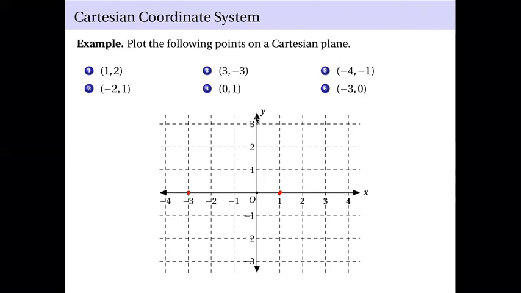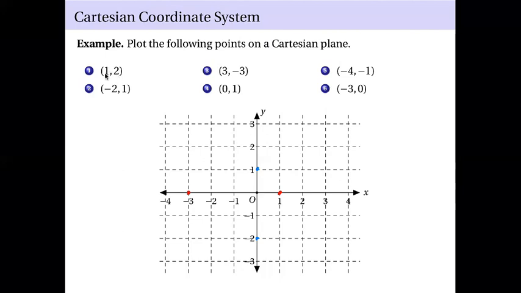Similarly, for the y-axis, this one is 1 unit along the y-axis above the origin O. And this one is labeled -2. It's 2 units along the y-axis below O. So we have here 1, comma 2.